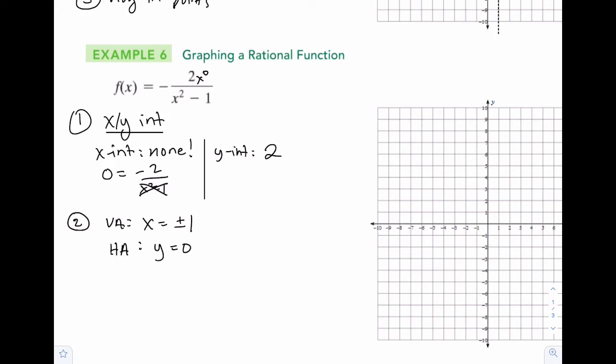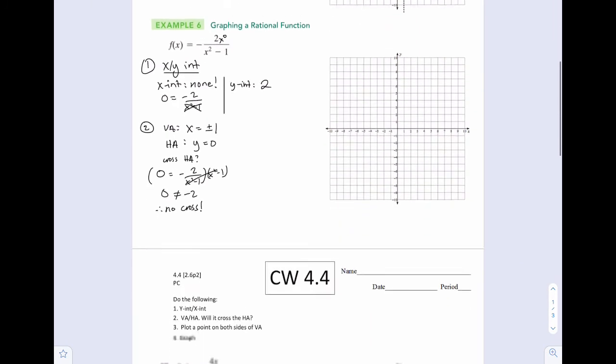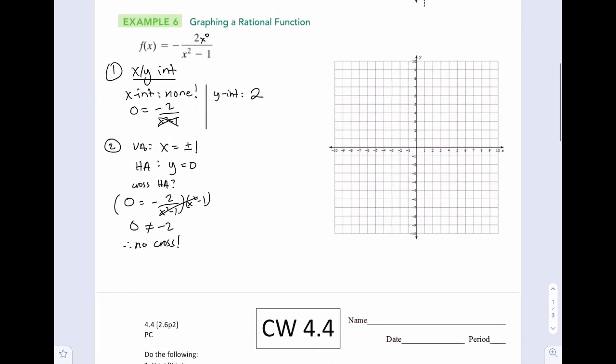And then the new step is, will it cross the HA? So take your 0, set it equal to your function. Let's solve. And same as last time, there is no solution here, so there is no cross. Now the final step, let's graph it.